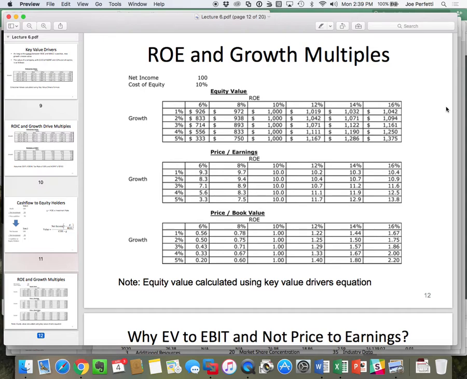So, what would cause a company to have a price to book multiple of 1? What does it mean to have a price to book of 1? So what is price to book again? Yeah. So the shareholders' equity value divided by the book value of equity are equal. So the market value and the book value are equal. So what would cause it to be equal? You're neither creating nor destroying value. 0 NPV.